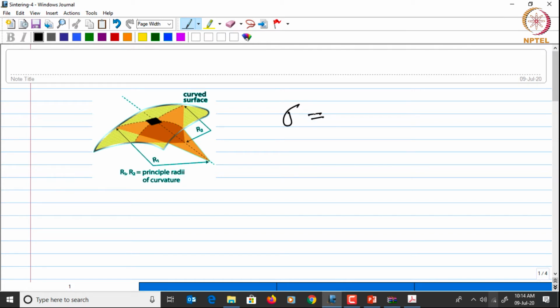The stress sigma on a curved surface is related to the radii of curvature and the surface energy, in this manner.